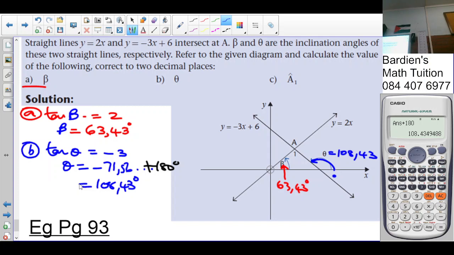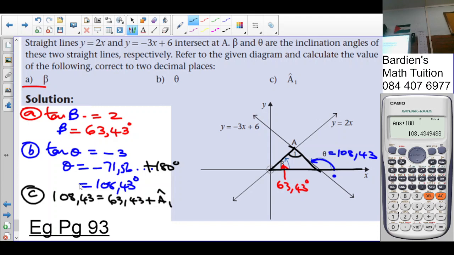Then the question says calculate A1. I want you to calculate A1. So how do you think we're going to calculate A1? The exterior angle is equal to the sum of the two interior opposites. Can you see that? So what we say here is 108.43 is equal to 63.43 plus angle A1.